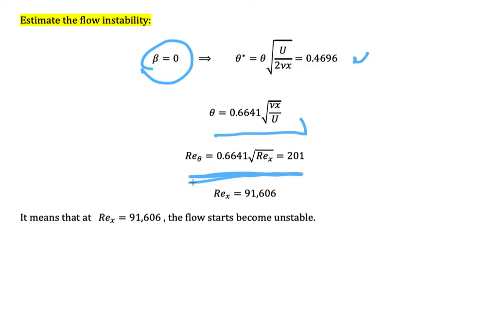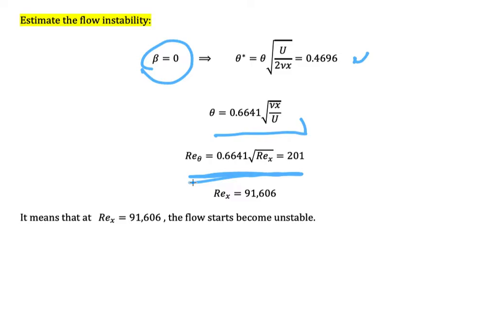Reynolds theta is equal to 0.6641, Reynolds number x equal to 201, and then we could calculate the Reynolds number x is equal to 91,000. So the idea is that at Reynolds number 91,606, the flow starts to become unstable.